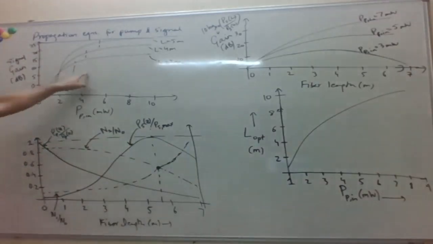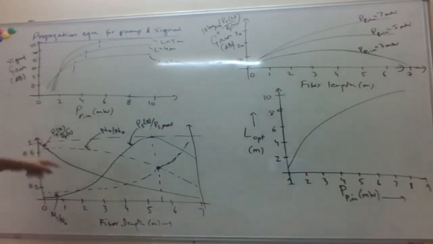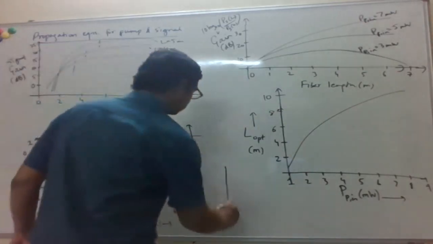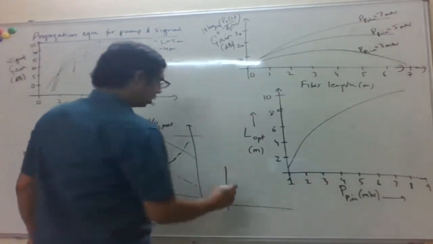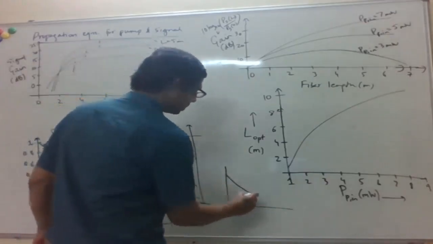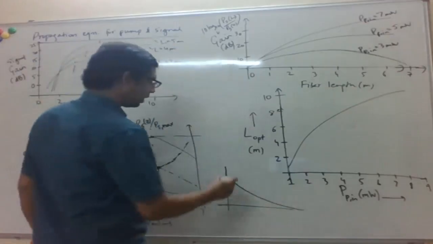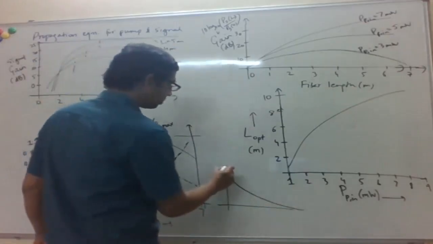You mean like this one? Yes. We saw that the pump is decaying. So let's say you start with some pump power here, and then you start with a higher pump power here.